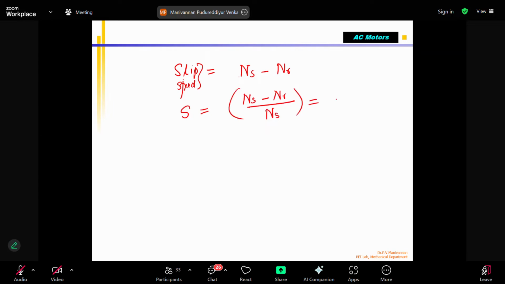This will vary from 0 to 1. Many times slip will be represented in percentage. In that case, ns minus nr divided by ns, whole thing multiplied by 100, is the slip in percentage. The slip in percentage decides what will be the shaft speed.